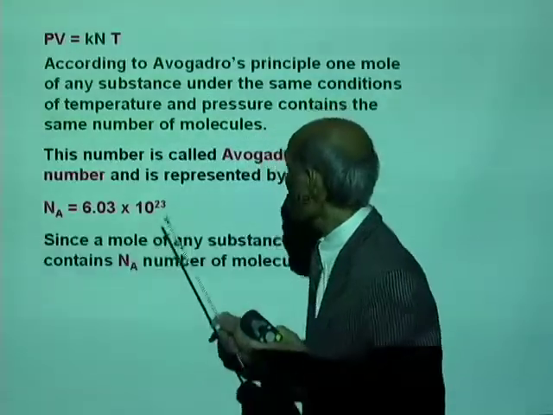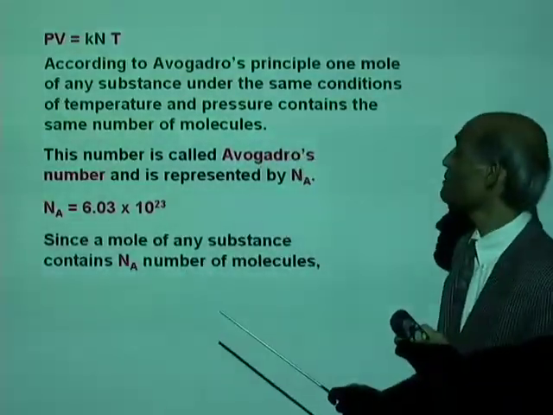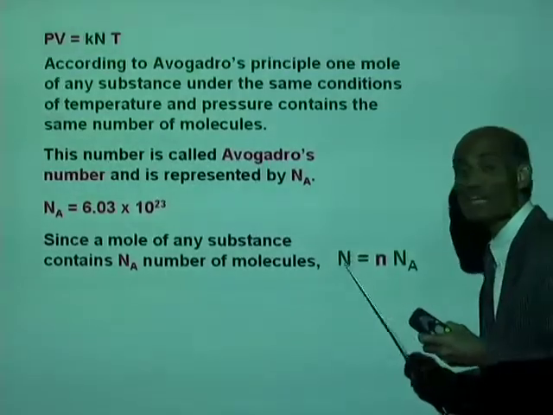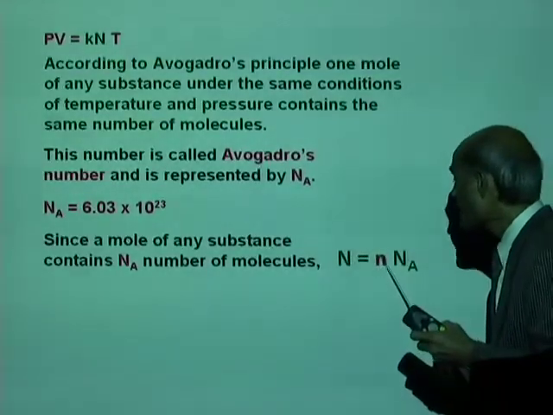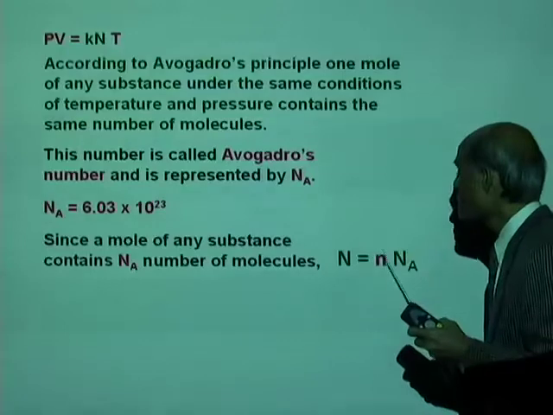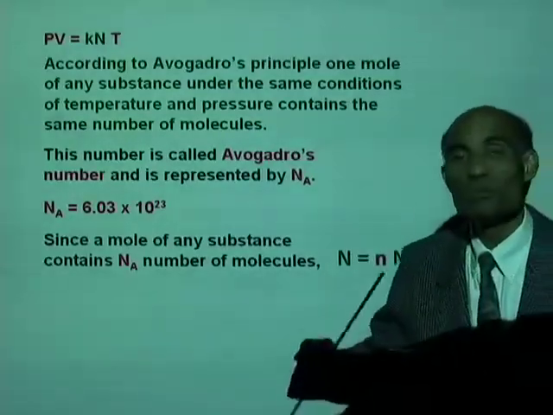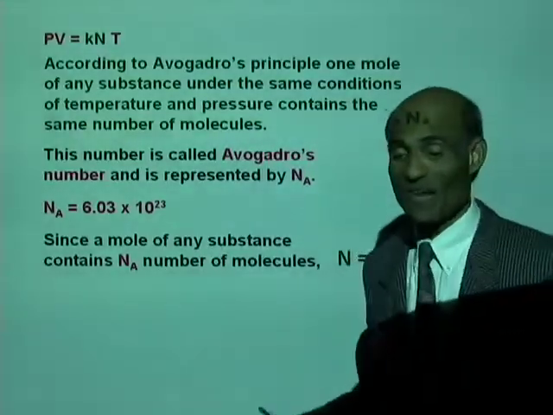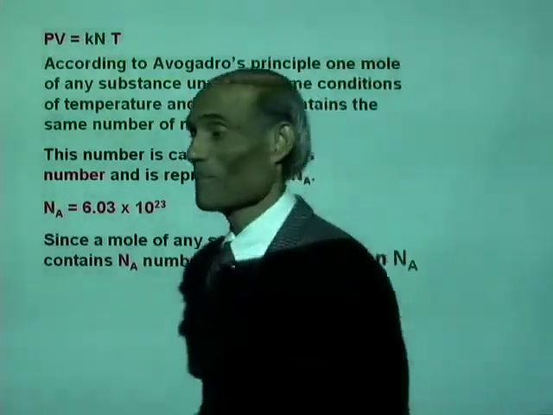Now, that N can then be written as N equal to small n times Na, where small n is the number of moles of gas that you have taken for your study.